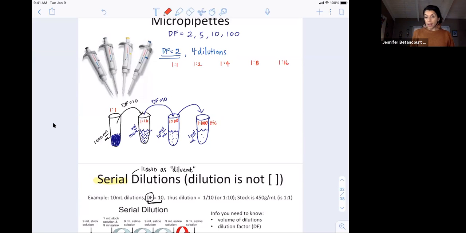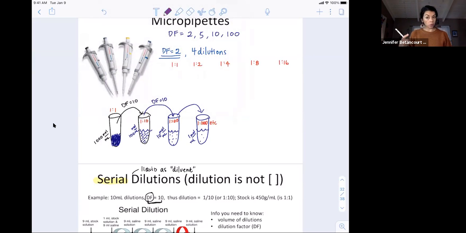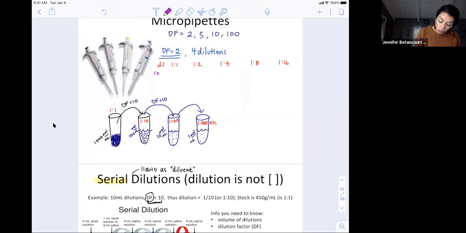If you happen to know the concentration, so dilution is not concentration. Dilution, there's no values, there's no grams over volume, there's no mass over volume. So this would be your dilutions. And then that is different than your concentration.